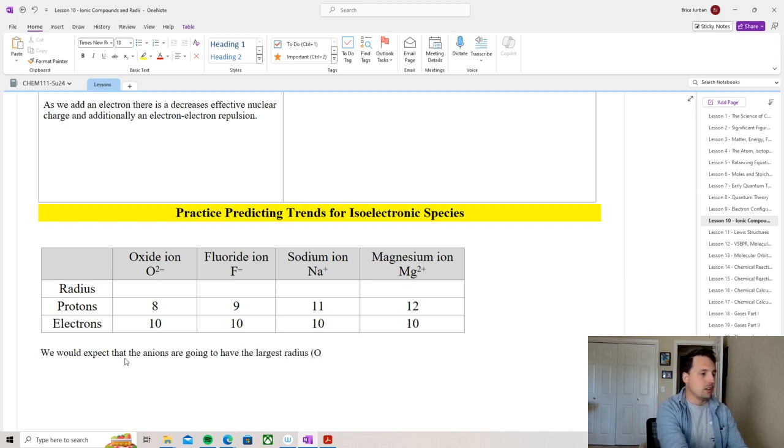So oxygen and fluoride are going to be larger than sodium ion and magnesium ion. Okay, furthermore, oxygen has a double negative charge and magnesium has a double positive charge.